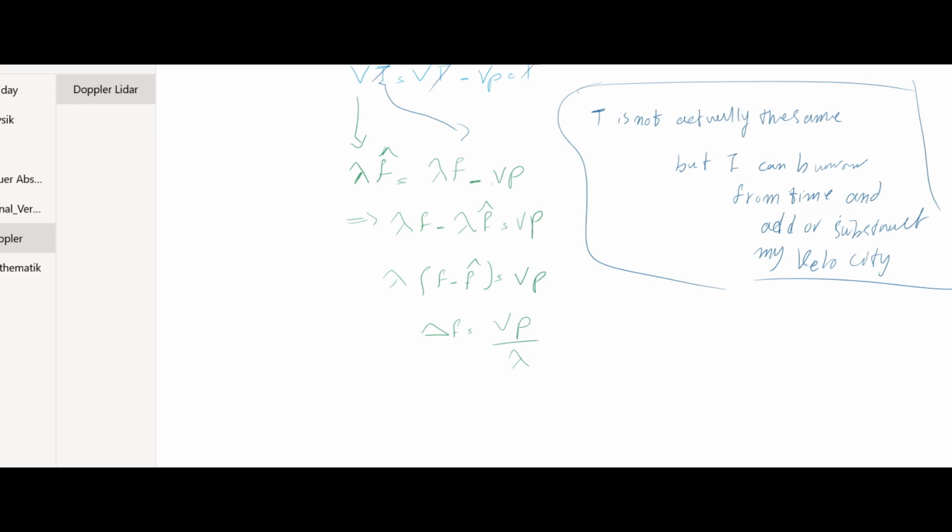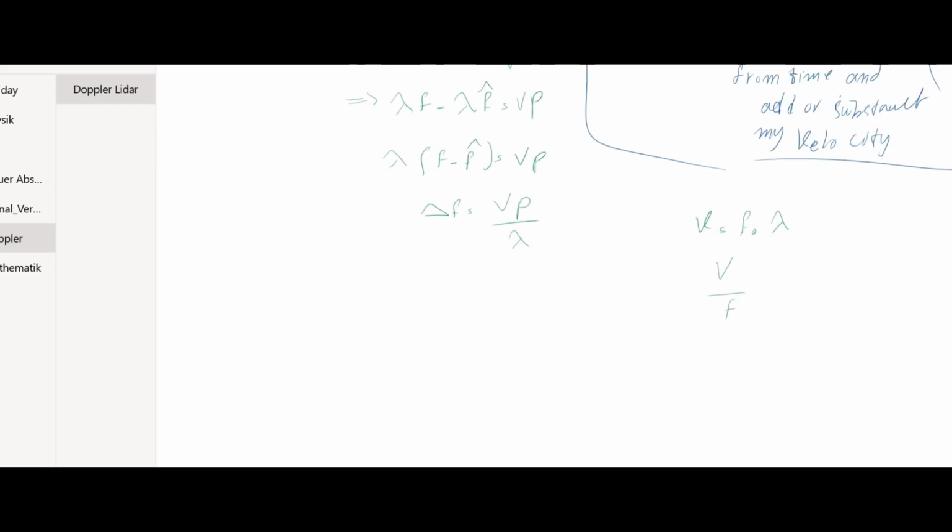Again, velocity is equal to frequency times lambda. I can say my lambda is equal to velocity over frequency, or write it as this: my delta f is equal to Vp over velocity multiplied by frequency.